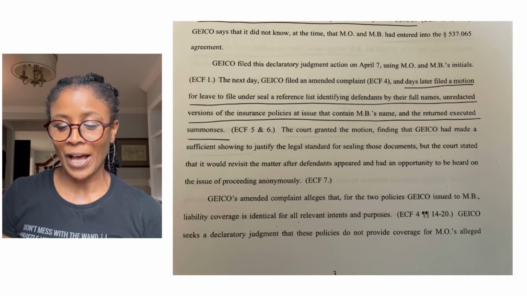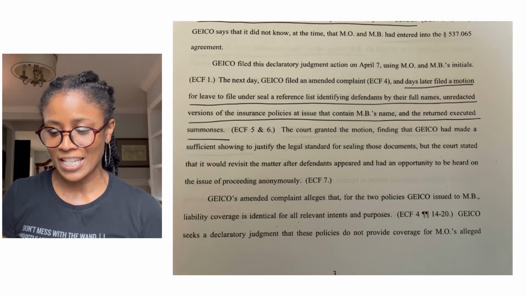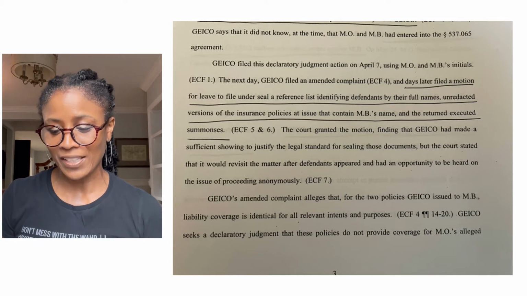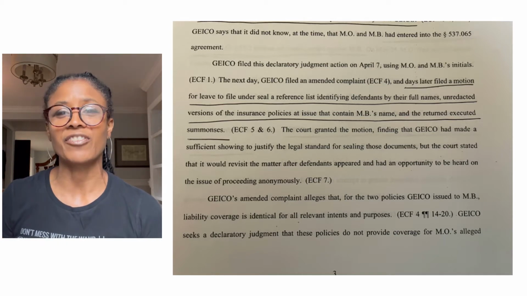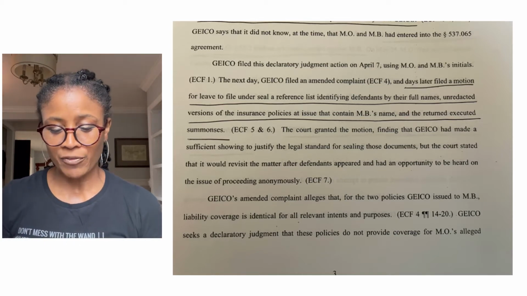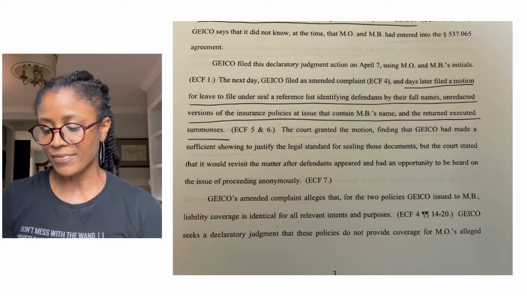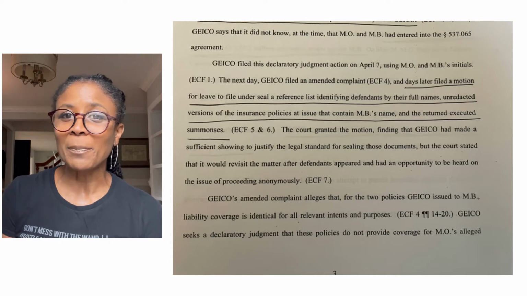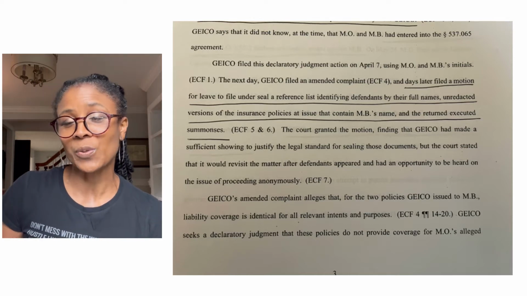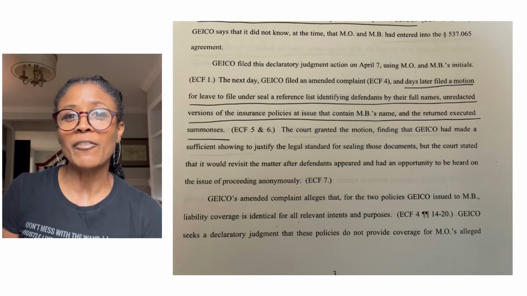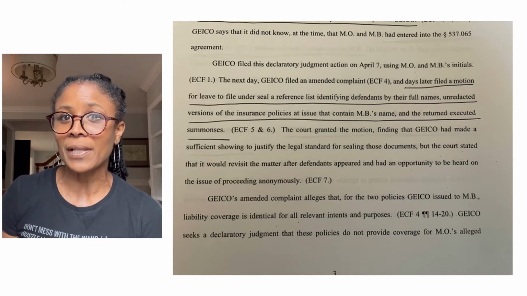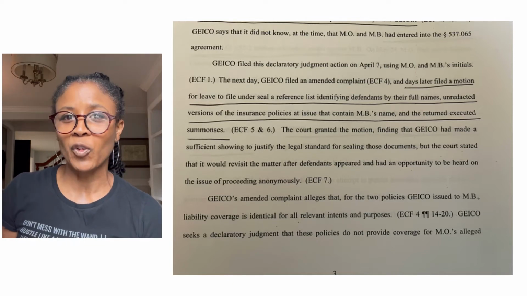So Geico says that it did not know at the time that MO and MB had entered into this agreement. Geico files this declaratory judgment using initials. The next day, Geico then files an amended complaint asking the court to file under seal a reference list identifying the defendants by their full name, unredacted versions of the insurance policies, etc. Okay, so the complaint still has the initials in it, but then Geico amends the complaint to include some information under seal so that it's not public, which actually has the full names.